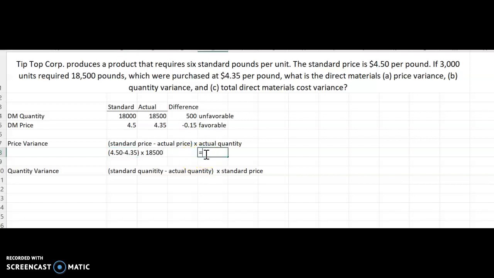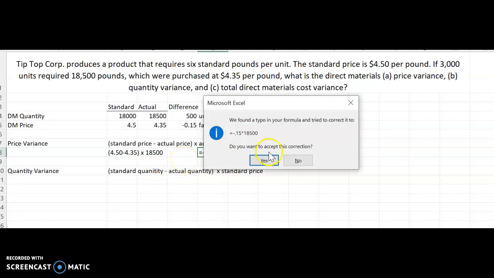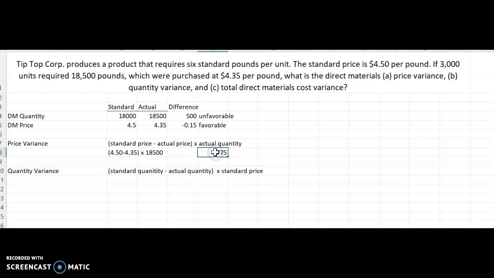So our difference is 0.15, and then times our actual would be -2,775, and that is favorable. So let's find out why that is favorable. Well, it's because I spent $4.35. I thought I was going to spend $4.50.